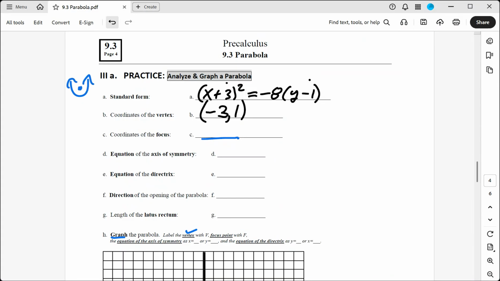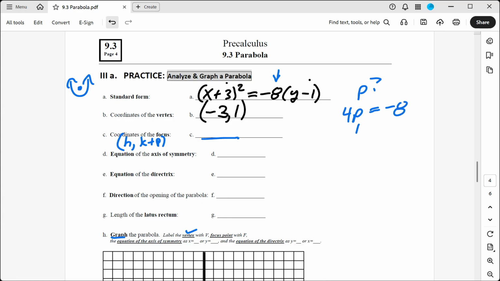Because this is x squared, we know it's going to open that way, so the focus point will be somewhere above it, so we're going to be adding to the y. So the focus point is going to be the h and adding something to the y, and it happens to be p. So how do we get p? Well, we know that 4p is in this place right here, so we know it's equal to -8.